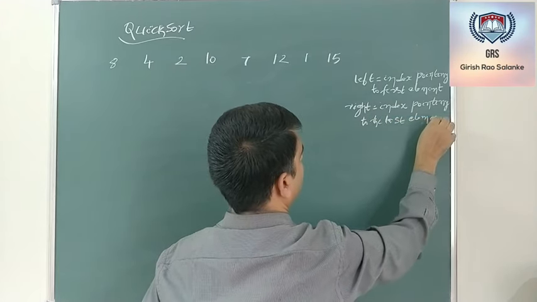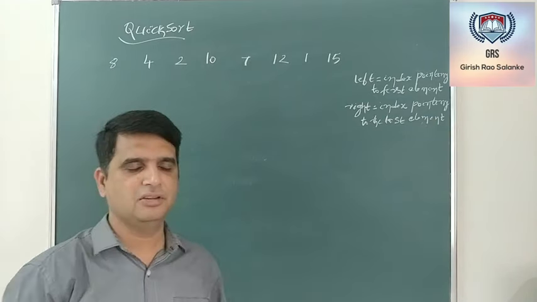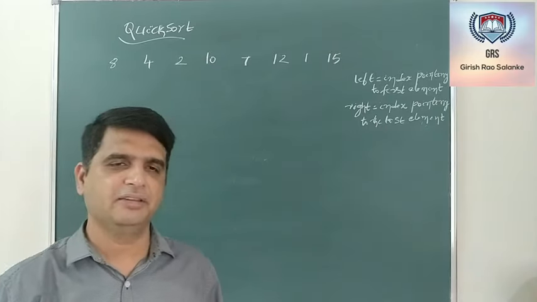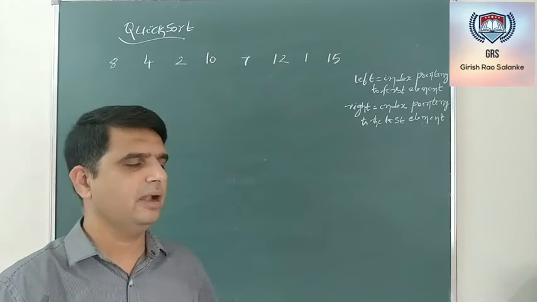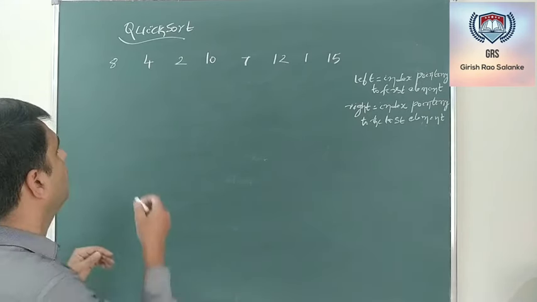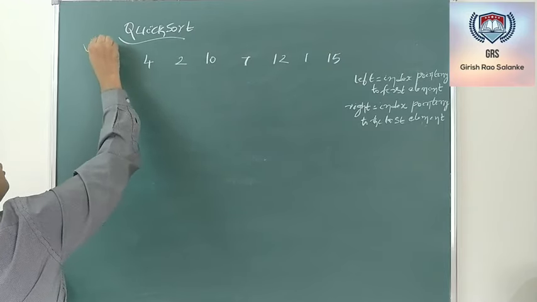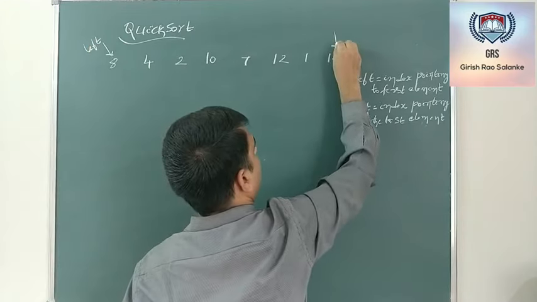This is the same as in merge sort. Even in merge sort, we took two indexes, left pointing to the first element and right pointing to the last element. So this is my left and this is my right.